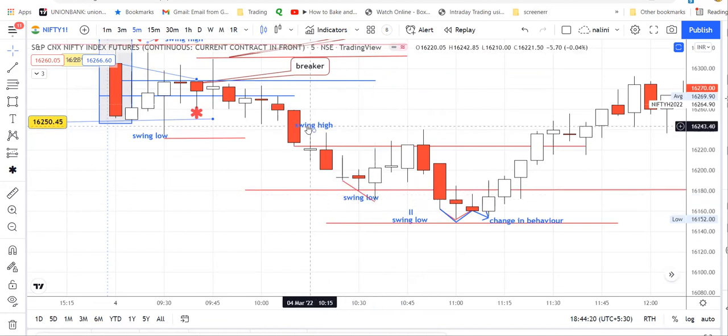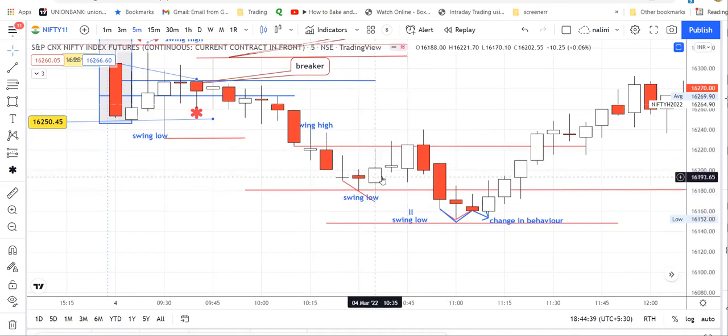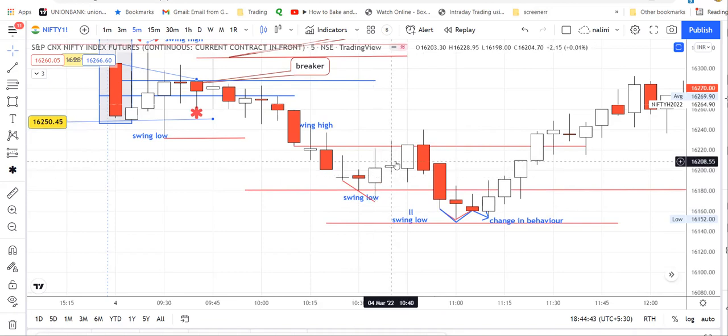And when it comes here, see, this is the swing high, the last bullish candle, and this is the penetration of the candle, and this is closing below that. So you are not going to go long over here, or you can hold the shorts.